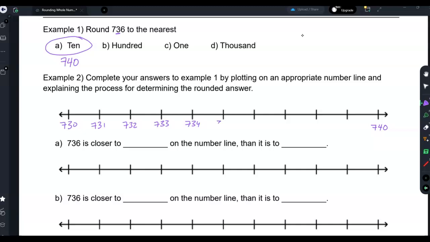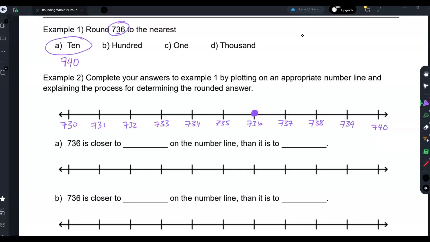So I'm going to go ahead and label those. And then we want to plot the actual number, 736. Sometimes it'll be on a tick mark, sometimes it won't. In this case, it is on a tick mark. If it's not on a tick mark, you also want to label that number exactly. But in this case, it's already labeled 736.